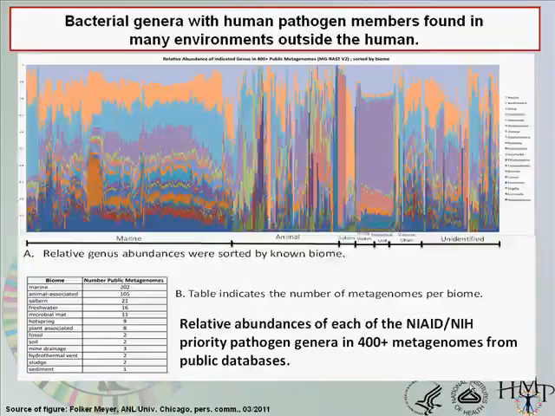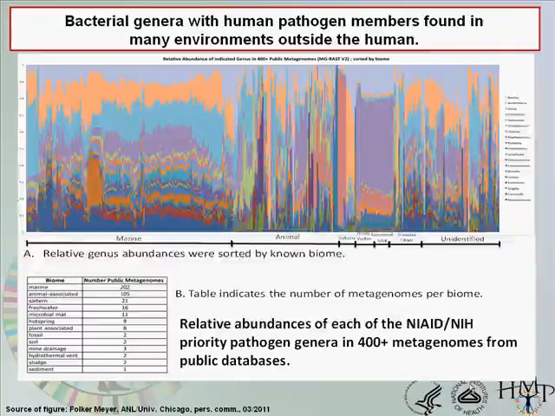And some environments have more, I'm going to use this term loosely, I don't mean to be too cavalier here, but pathogen diversity than other environments. Example would be, if you look at the marine environment, there's a lot of hits against NIAID's priority pathogen list, whereas in some environments, like here, microbial mats, there were very few.